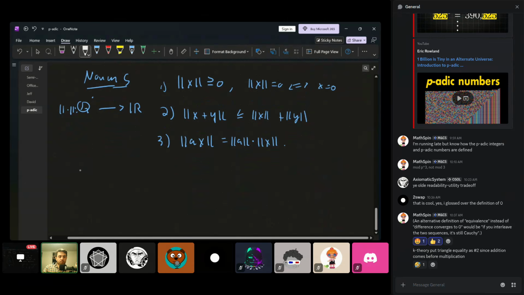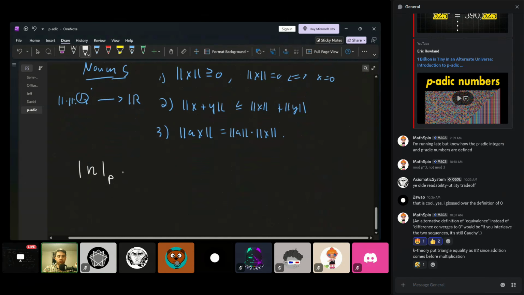Take an integer n. We get one of these norms for each p. The p-adic norm is obtained by first factoring out from n the largest power of p that appears.